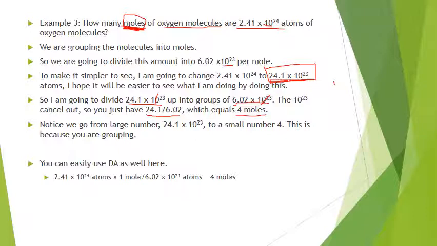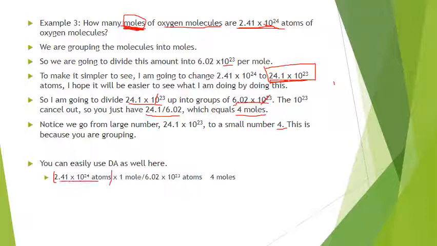So what I did is I divided this amount up into groups of 6.02 times 10 to the 23rd, and it ends up being 4 moles. Notice when you go to groups, the number gets smaller because you're dividing them up into groups. And you have 4. Then you could use dimensional analysis.